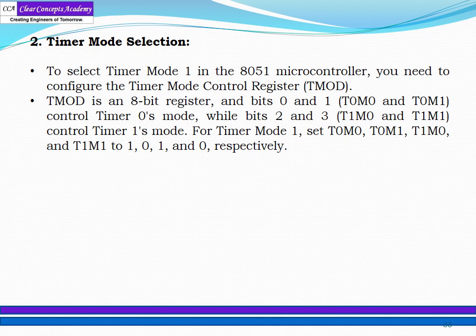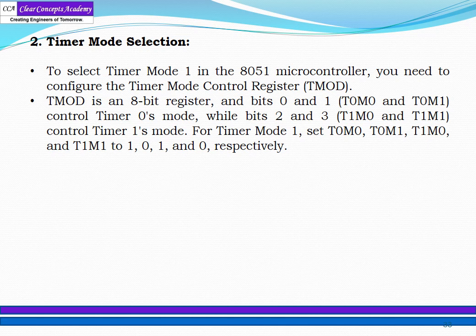TMOD is an 8-bit register, and bits 0 and 1, that is T0M0 and T0M1, control timer 0's mode, while bits 2 and 3, T1M0 and T1M1, control the timer 1 mode. For timer mode 1, set T0M0, T0M1, T1M0 and T1M1 to 1, 0, 1 and 0.